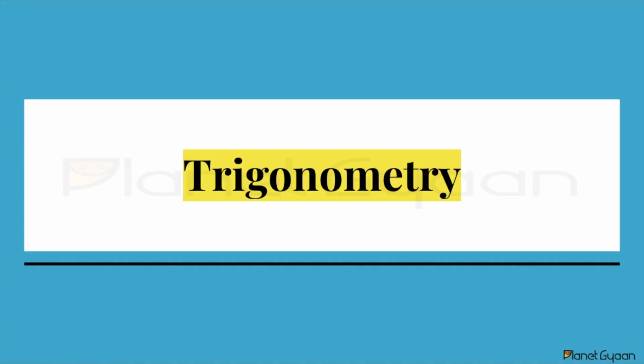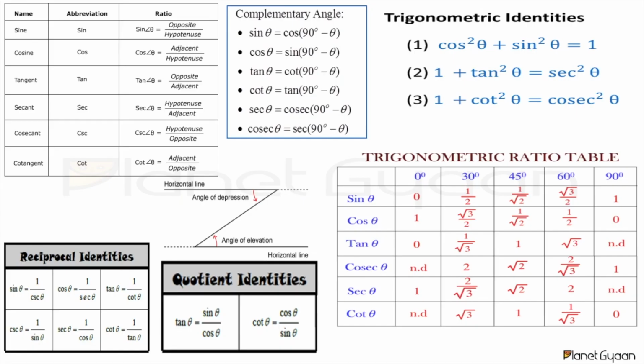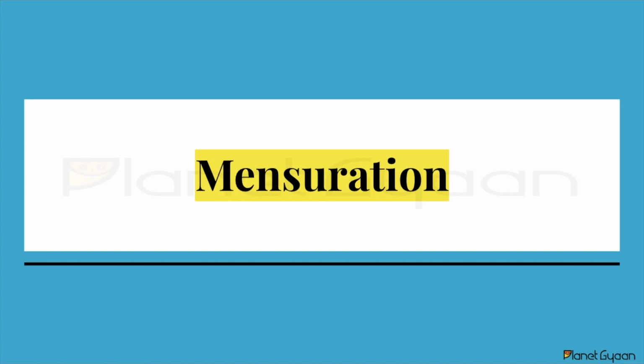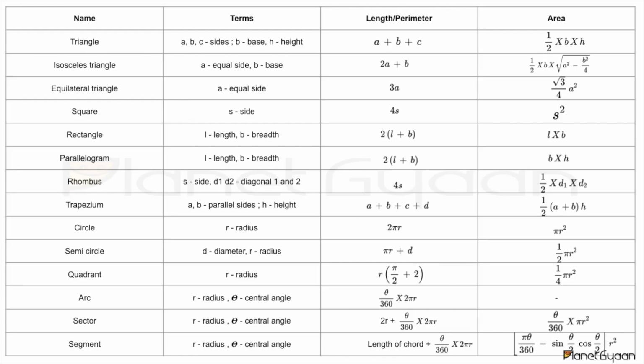Next is the most important thing, trigonometry. Again, some tables and some formulas are there, and these should be in your chart related to trigonometry. As I said earlier, you can pause it, take a screenshot, and then make the chart. Mensuration is related to chapters like surface area and areas.